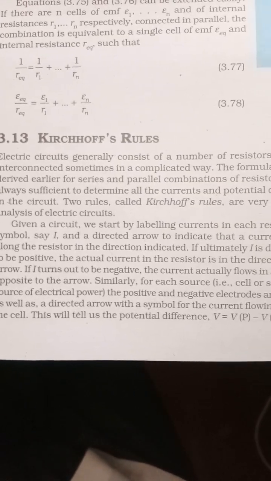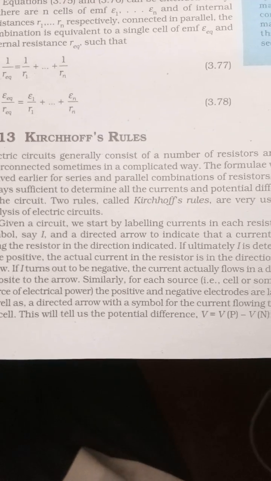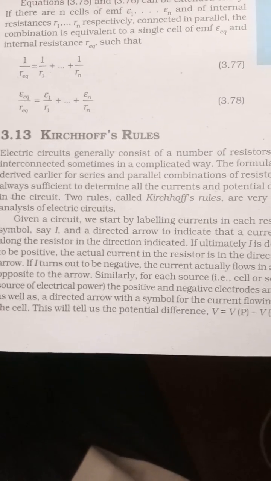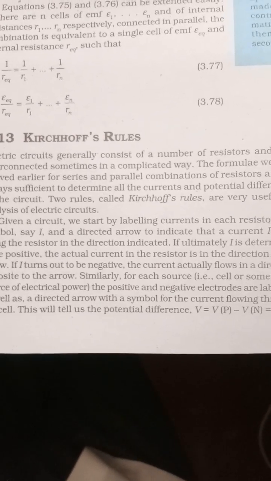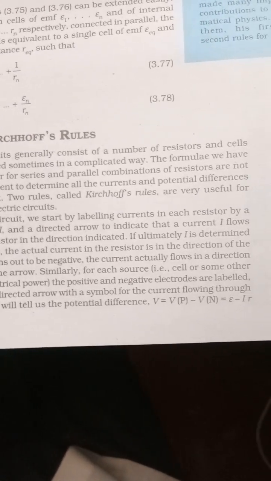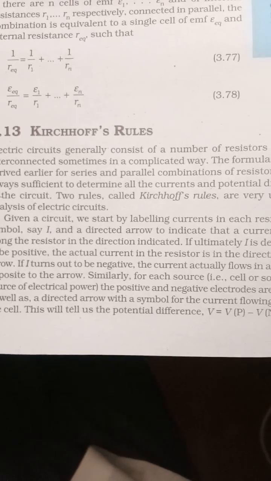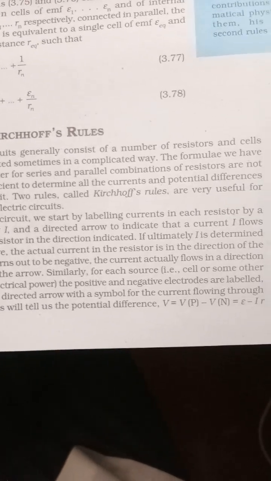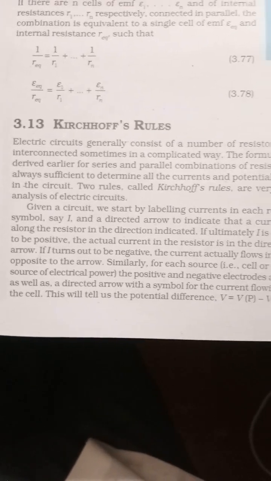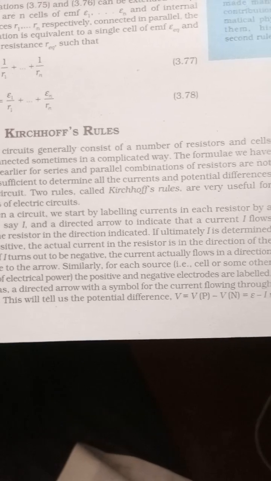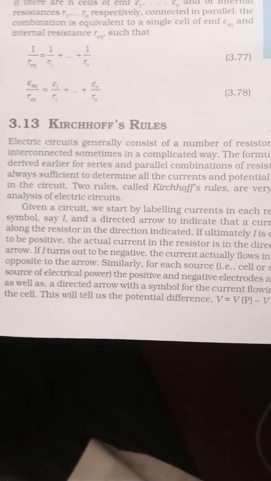If I turns out to be negative, the current actually flows in a direction opposite to the arrow. Similarly, for each source, i.e. cell or some other source of electrical power, the positive and negative electrodes are labeled, as well as a directed arrow with the symbol of the current flowing through the cell.